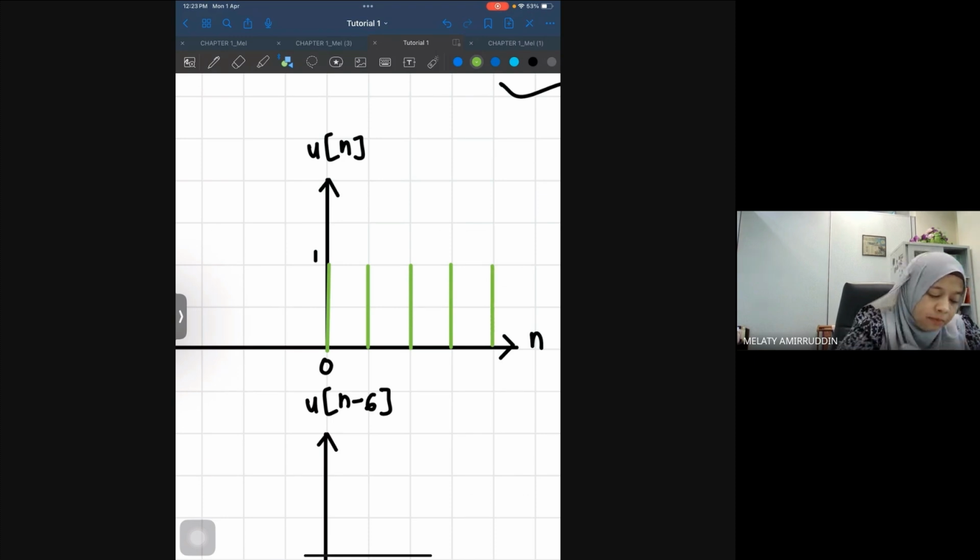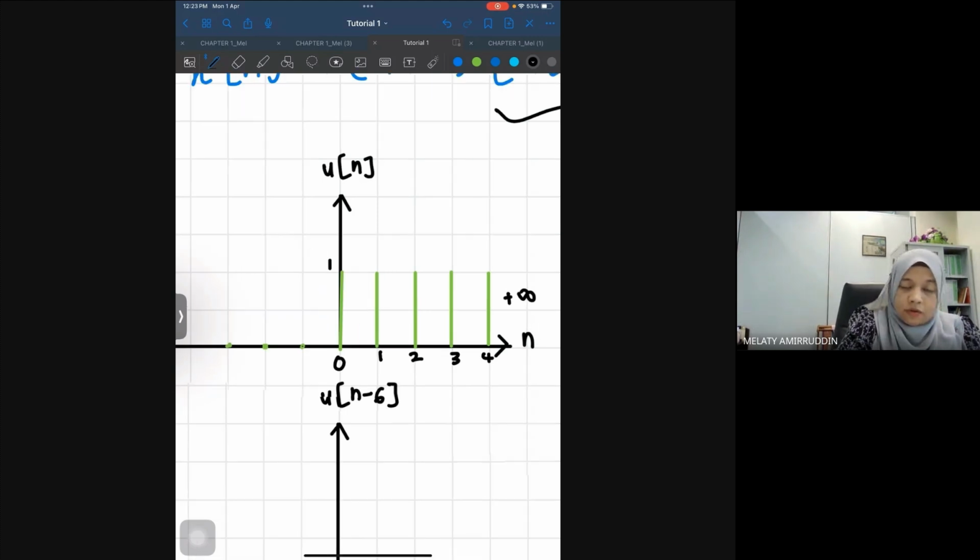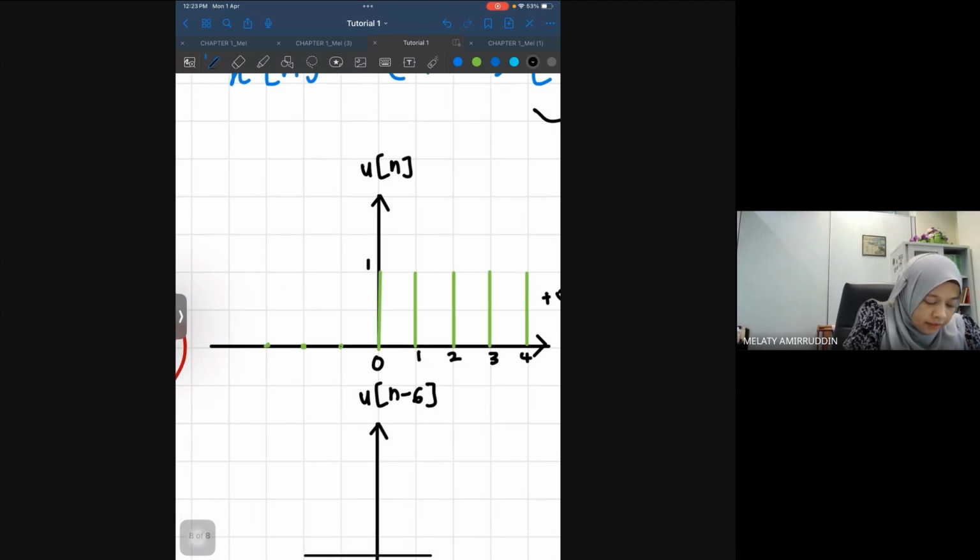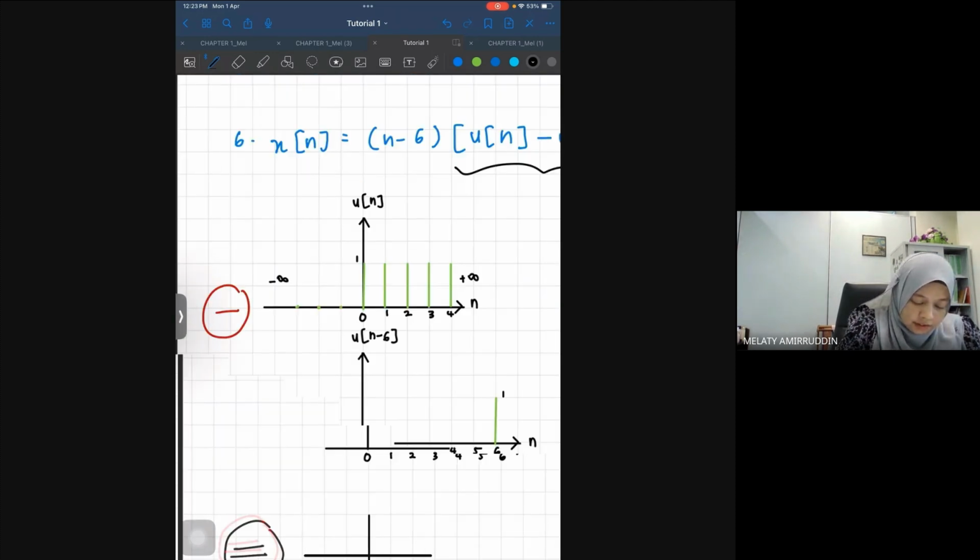Until positive infinity. 1, 2, 3, 4, until positive infinity. Not only until 4. It is until positive infinity. This is until negative infinity.